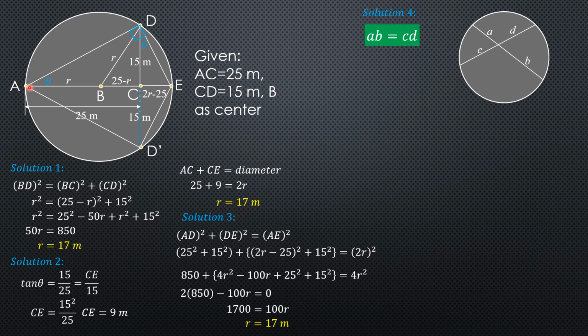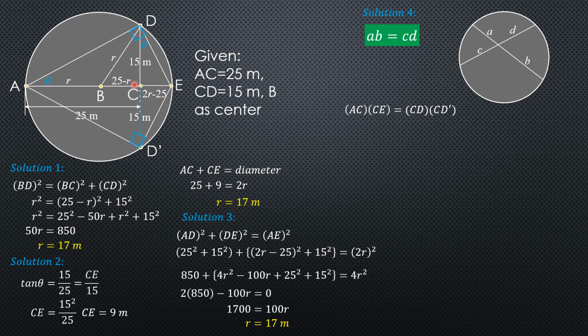So we have intersecting chords AC and CE, and DC, CD prime as chord. By this principle, this is the first segment AC and this is the second segment of one chord CE. So AC times CE equals CD times CD prime.